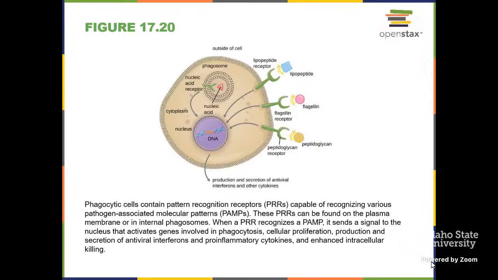All of these would be initially on the outside of that cell, studded in the membrane, and once they make contact with whatever, it stimulates this phagocytic cell to invaginate or engulf whatever it's linked up to that receptor, and it pops it to the inside.